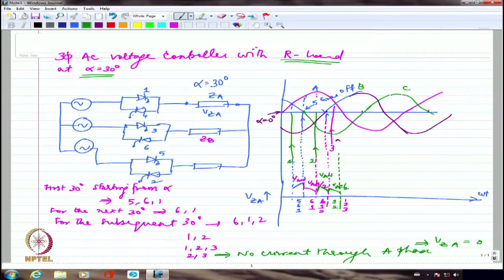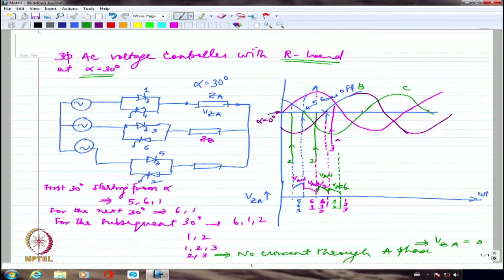So the 3 device conduction can extend for longer and longer, depending upon how much is my inductance. But if that continues until the next device is also fired, then always 3 devices will conduct. That's when you won't have any control.